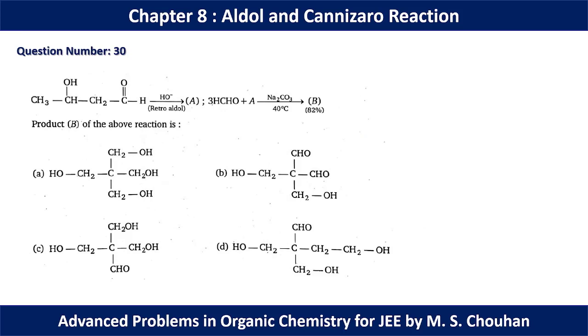In question number 30, first of all we have to find the retroaldol product. So in this case the retroaldol product will look like this. Now we have to perform the reaction where we have used this option A molecule, that is CH3CHO, along with 3 equivalent of formaldehyde in the basic medium.